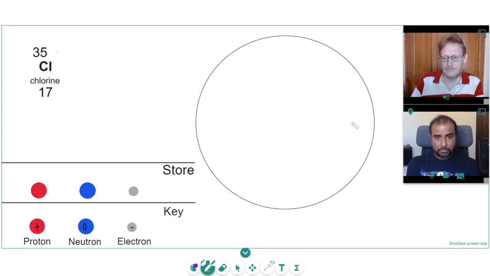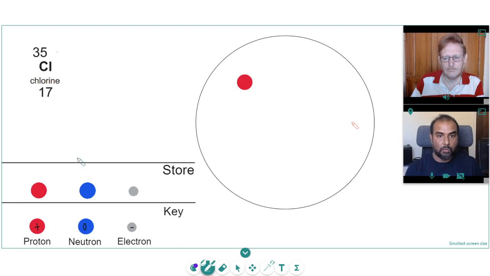Okay, so just like before, here is chlorine 35, and what we've got here is an empty nucleus which we can fill in gradually with the protons and neutrons, the appropriate number.